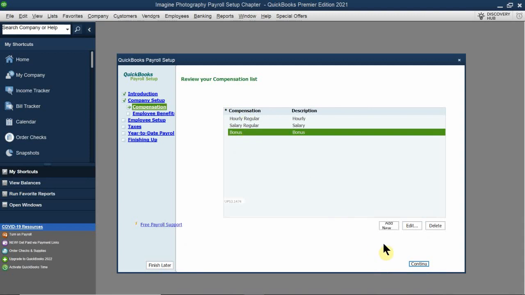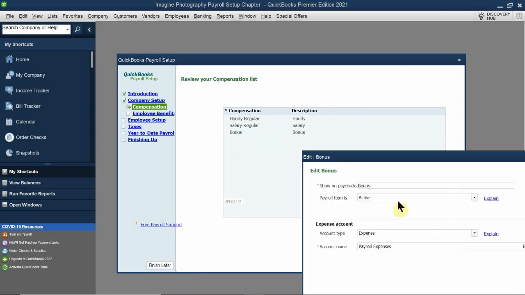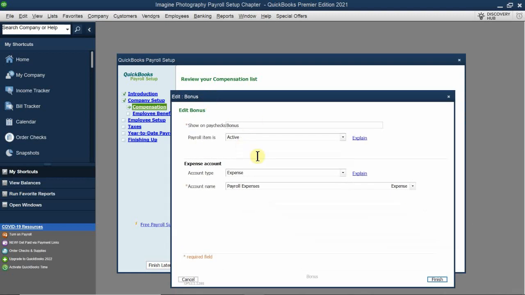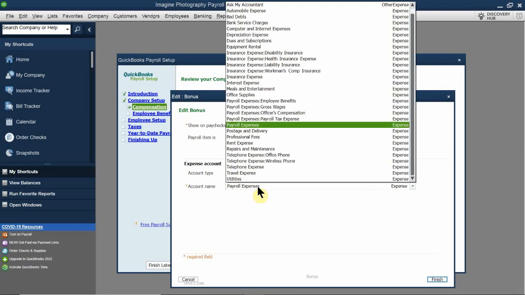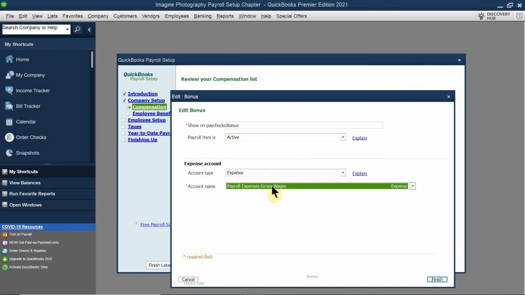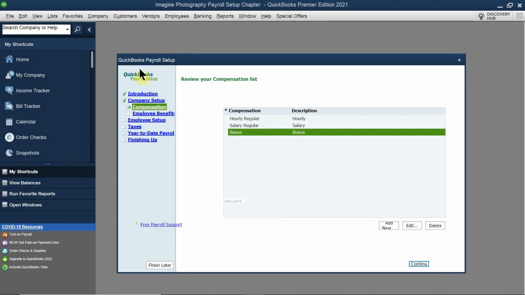And then last but not least, I have bonus. This could be for anybody. Okay, so bonus is fine, active, and I'm going to change this to gross wages as well. Okay, so that means if we do one of those things where, hey, at the end of the year, I'll give you a Christmas bonus. Okay? So we can offer that as well.